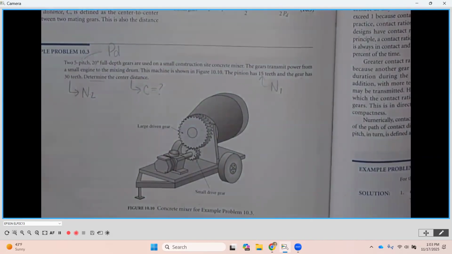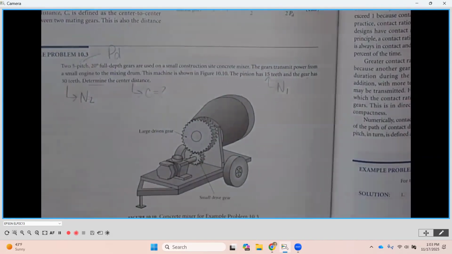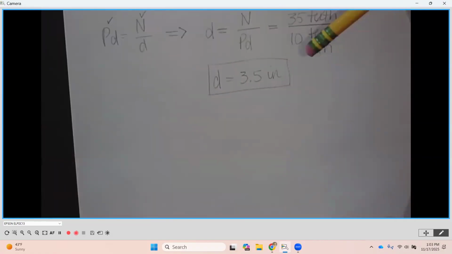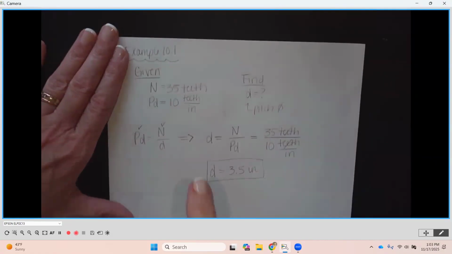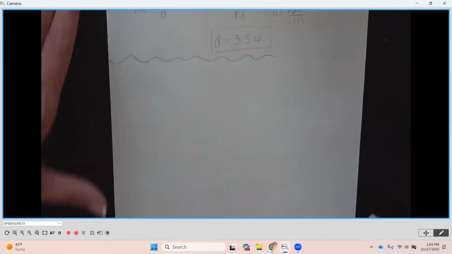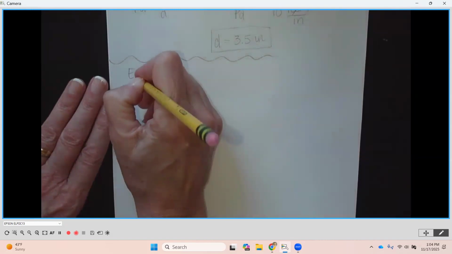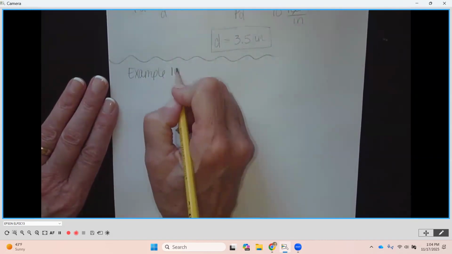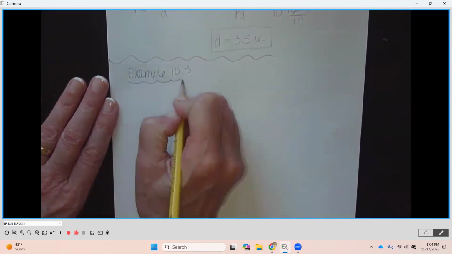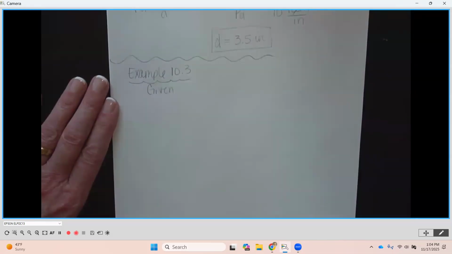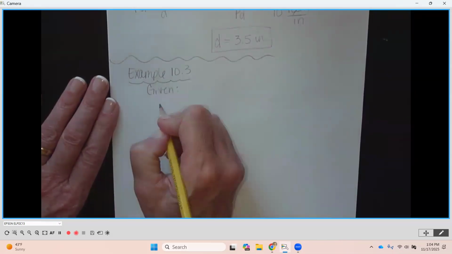Okay. So what we're going to do here is grab our practice problem sheet. I'm just going to go down below example 10.1, and this is going to be example 10.3. And I am given the following.